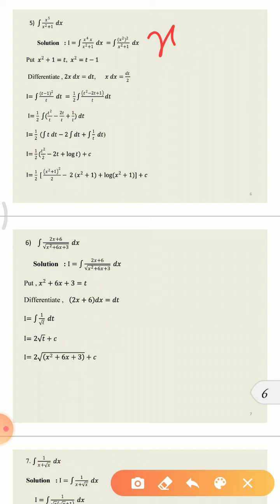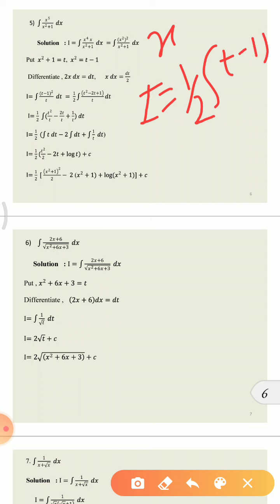That gives a 1 by 2 in this integration. I is equal to 1 by 2 integration of t minus 1 the whole square upon t dt. Then in the integral, expand t minus 1 the whole square.